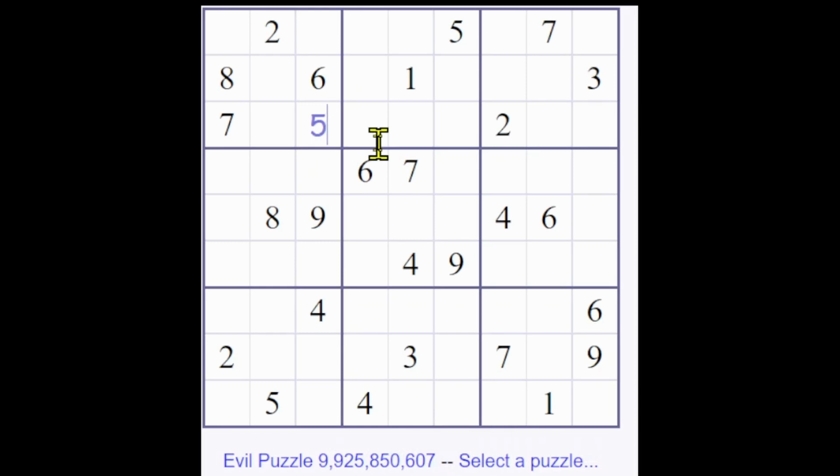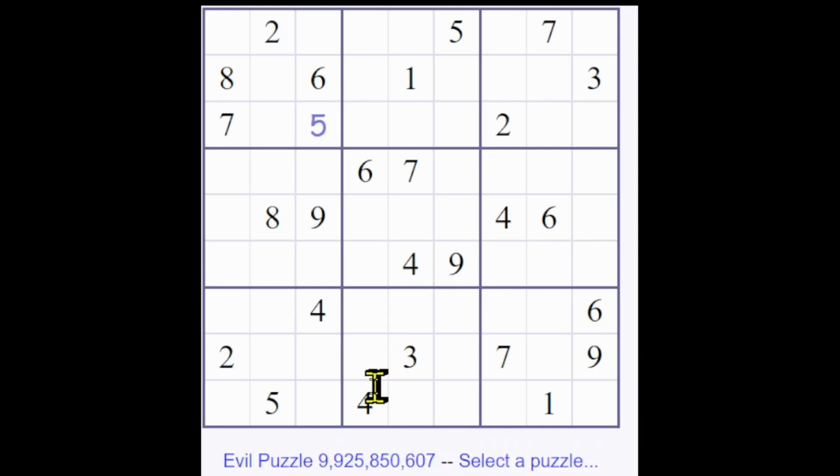And I now know that a 5 and a 7 will have to go in one of these or in two of these three cells because of the 5 here and the 5 here and the 5 down here. To get a 5 in column 9, it will have to go in one of these three cells. And of course, the 7 here and the 7 here also forces the 7 in one of these three cells.